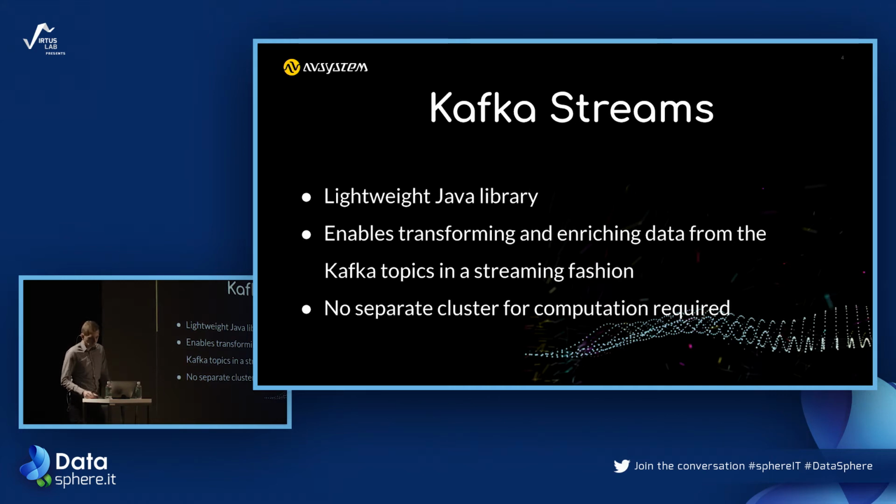The key feature of Kafka Streams is that no separate cluster for computation is required. Compare it to Apache Spark or Apache Flink, where Kafka is just a message queue, just an event bus that provides the data to the computational cluster. Kafka Streams reuses the actual Kafka cluster to perform the computation in a streaming fashion.